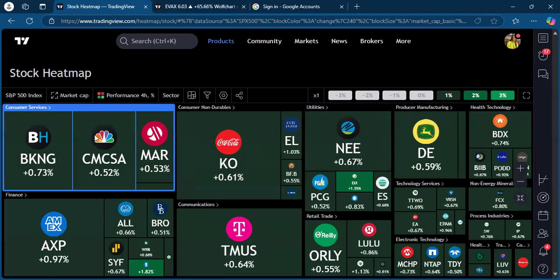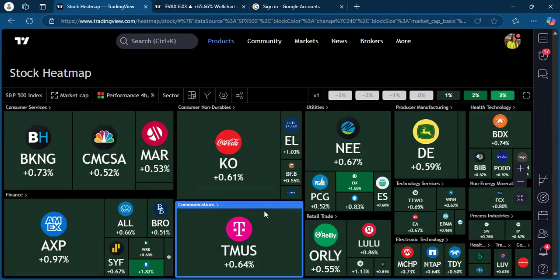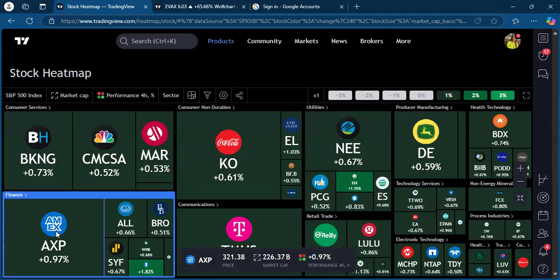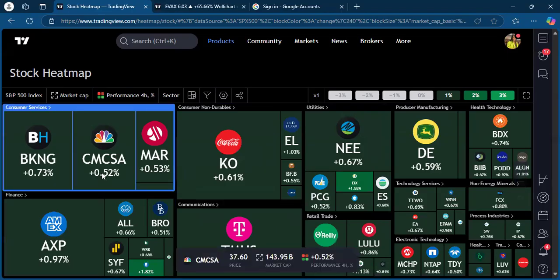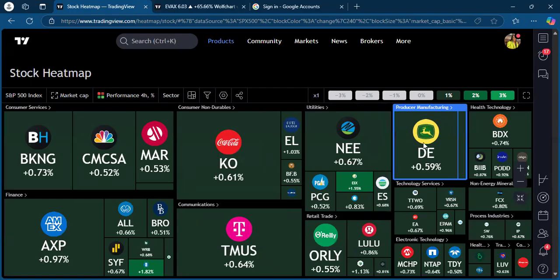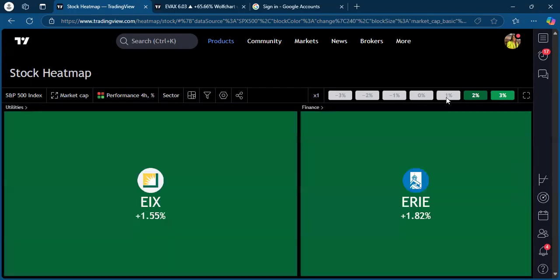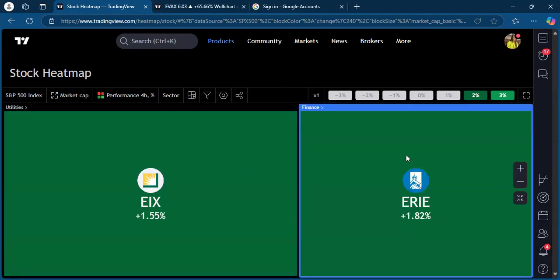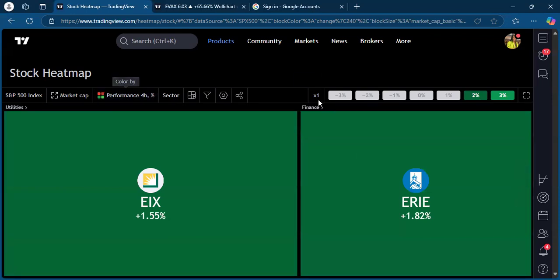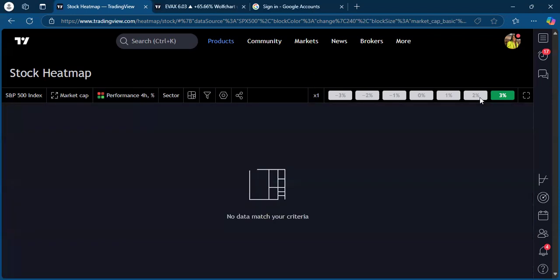Okay, so you get Coca-Cola, T-Mobile, American Express, CMCSA. Deere has been on a nice little move. So you get a good view of what's trending. This is a bigger trending two stocks that's standing out at 2% within the last 4 hours of that day and nothing higher than three.